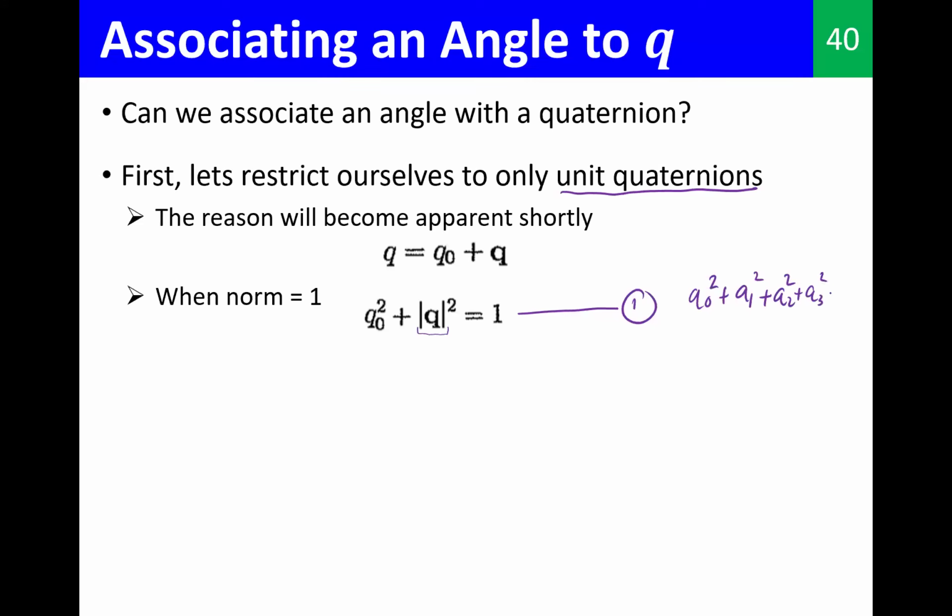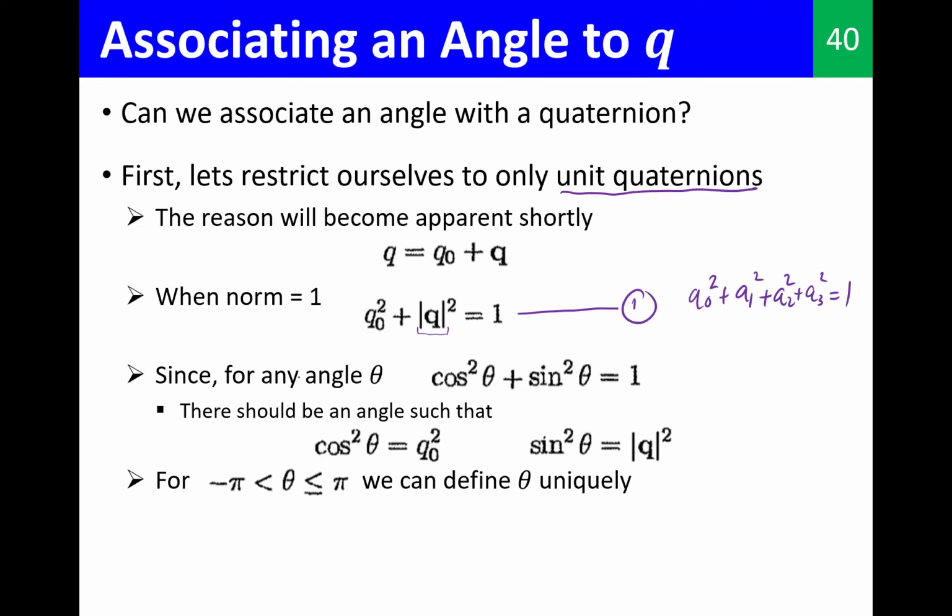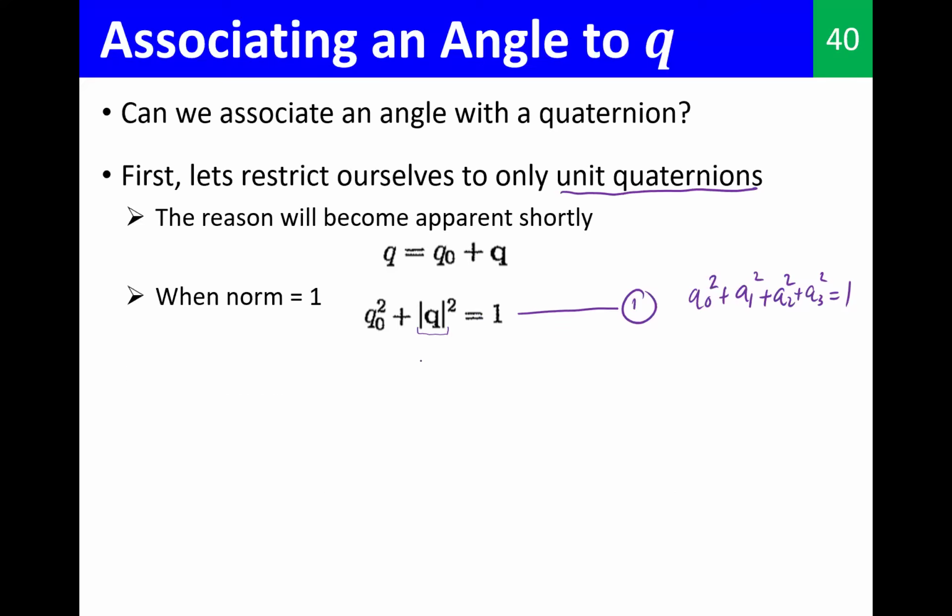Now we take any angle theta. If we take any angle theta, we know this nice equation, sine squared theta plus cos squared theta equals 1. So this is applicable for any angle theta, right?